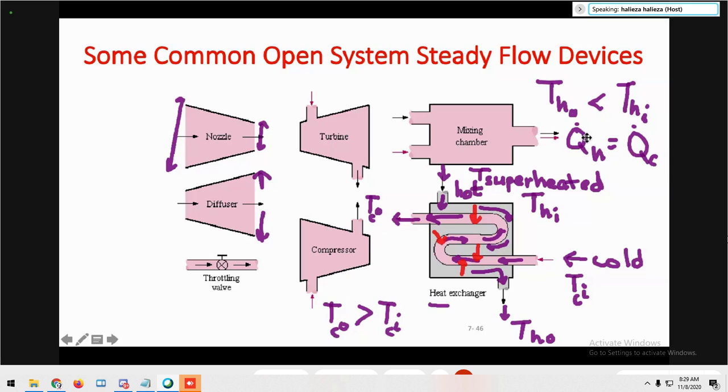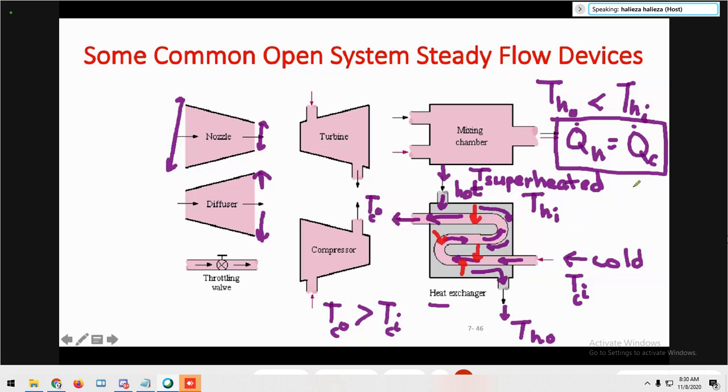That means whatever Q is given off by the hot fluid is going to be received by the cold fluid. The heat transfer is only between these two fluids. There's no heat exchange with the surrounding at all. So whatever heat transfer you calculate for the hot fluid should be the same as that received by the cold fluid.